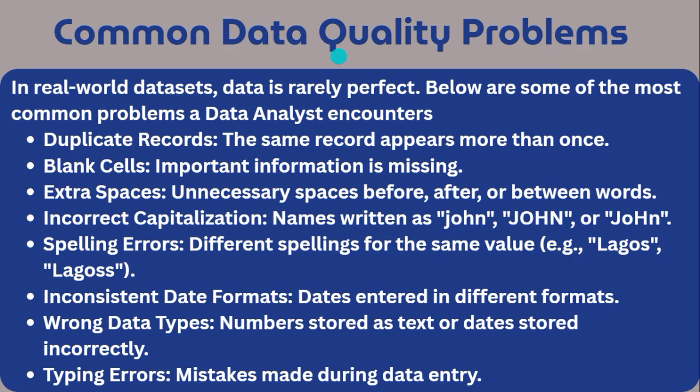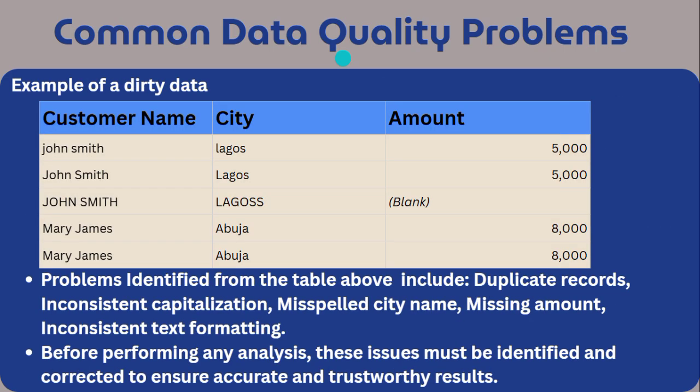Inconsistent text formats, those are another thing. Wrong data type, yes, and then typing errors. So these are the basic problems that the data might face. Let's look at an example. You have the customer name, city, amount, and all of this data there. We discovered that Joe Smith was written 3 times, Mary James was written 2 times.